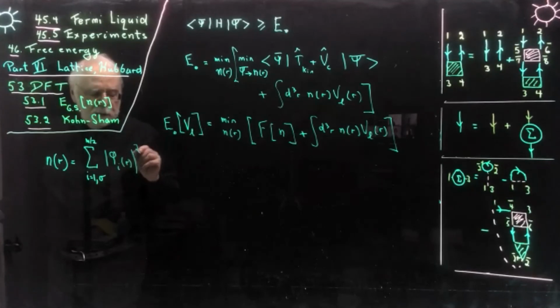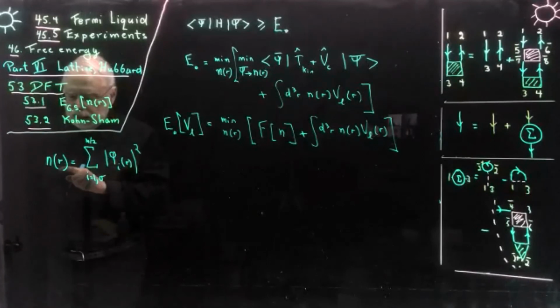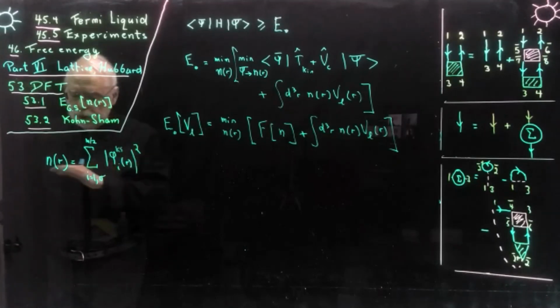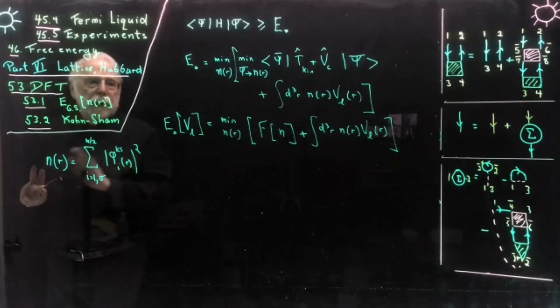Okay, so up to now it's just a way of parameterizing the density using orbitals. These are called the Kohn-Sham orbitals. So this is a non-interacting problem, but you see, it's just a parameterization of n of r for now.